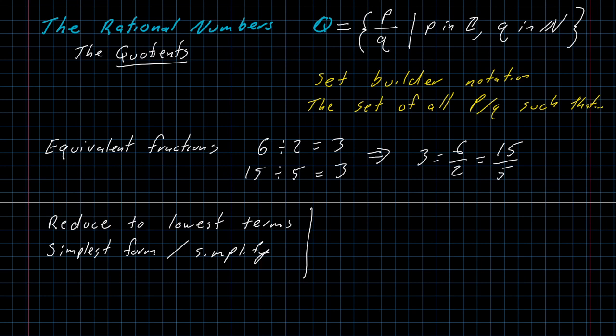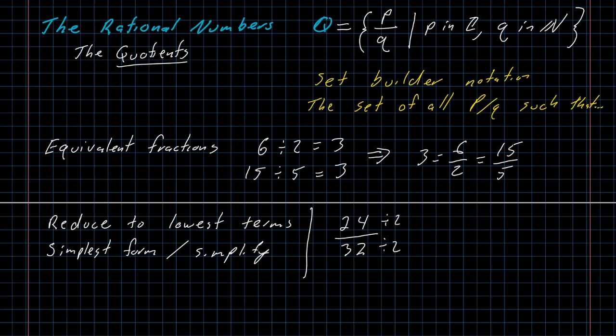So for example, if I have the fraction 24 over 32. Now 24 and 32 have a common factor. If you can find the greatest common factor, which in this case is 8, you can get this done in one go. If you don't see that right away, you might see something a little bit easier. 24 and 32 are both even.